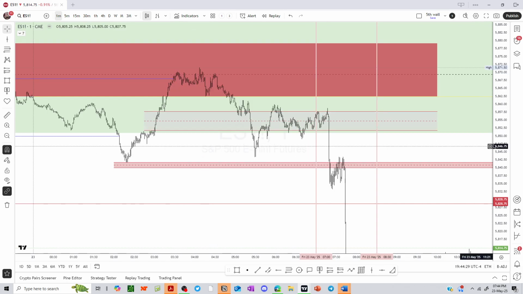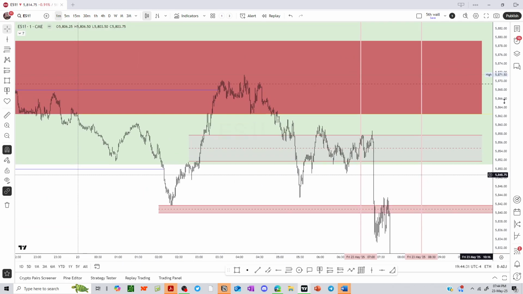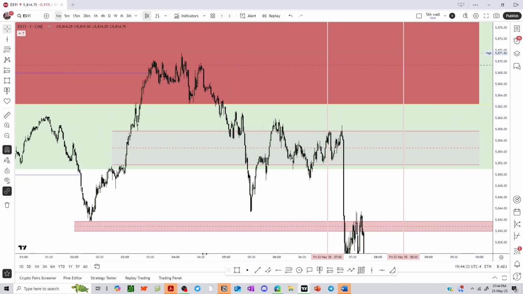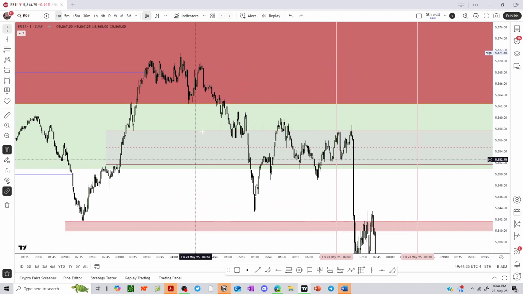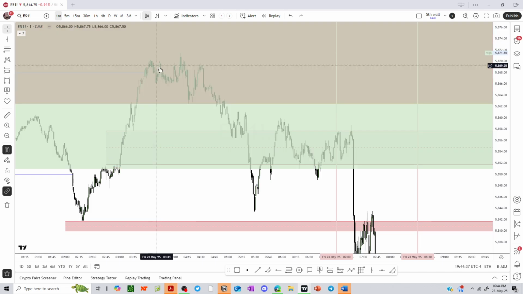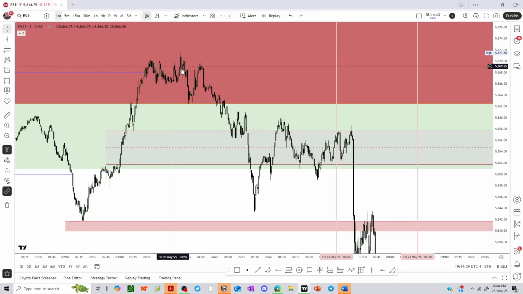Excuse me. Retracement. A retracement here. You got a small fair value gap here. Right. Dropped. Retrace into this fair value gap.